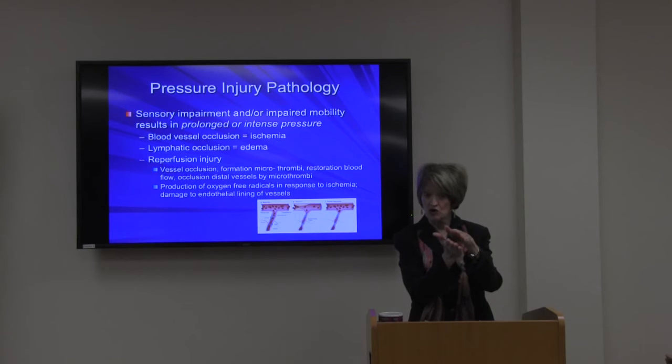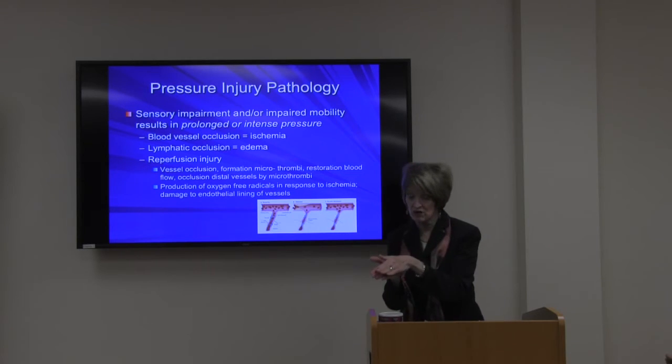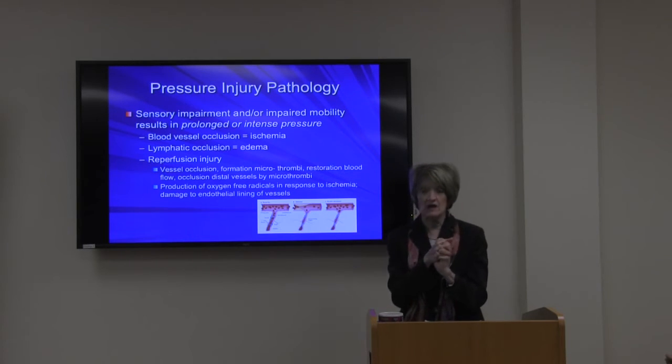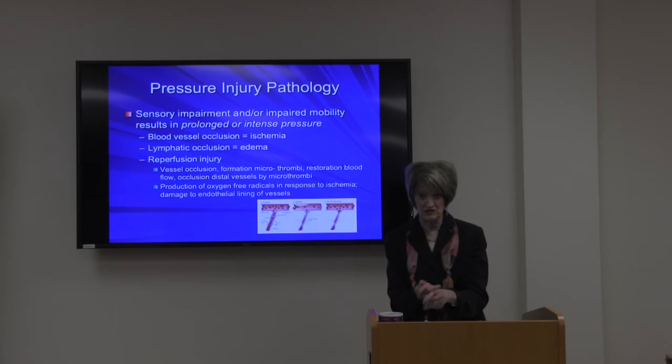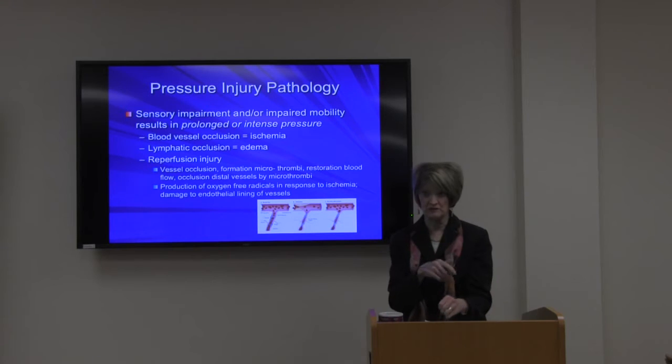You can get partial occlusion with gradual onset of ischemia. You have to think about the fact that the lymphatic vessels are occluded as well, and that results in progressive edema of the underlying tissues. What does edema do? It further compromises perfusion, so you start getting into this vicious cycle.